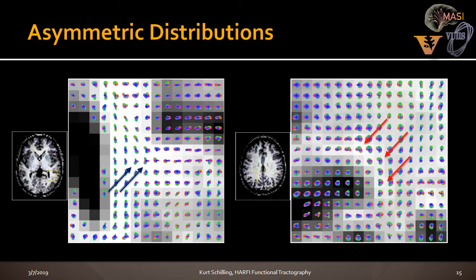We also saw very unique functional distributions. For example, 3-way crossings, which may be indicative of 3 pathways coming together, as well as very distinct U-shaped functional distributions where we know that superficial U fibers exist along the sulcal fundi.